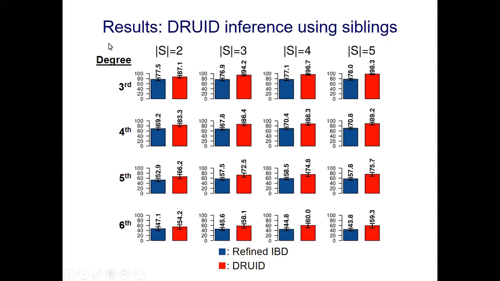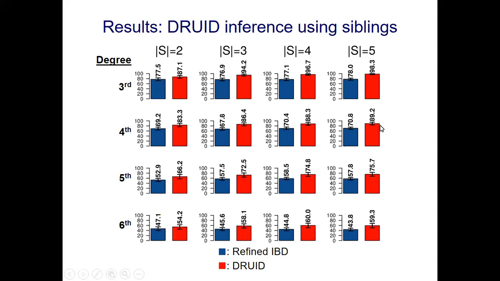So all of these numbers are the proportion of siblings in our set S that are inferred to have the correct degree of relatedness. So one thing that is immediately clear, first of all, DRUID always outperforms refined IBD, and as you add more siblings, so as S gets larger, the correct inference rates of DRUID increases as you go, in some sense, from left to right.